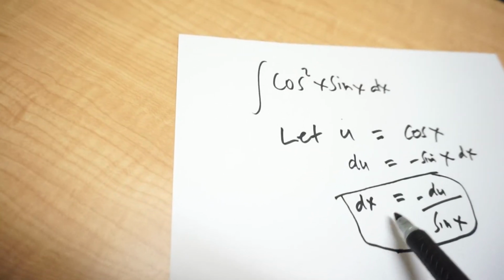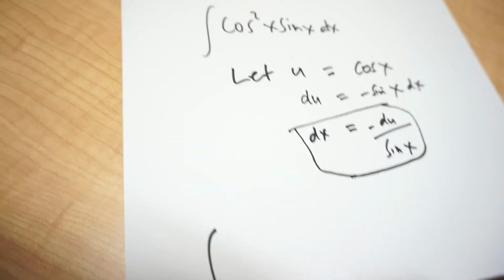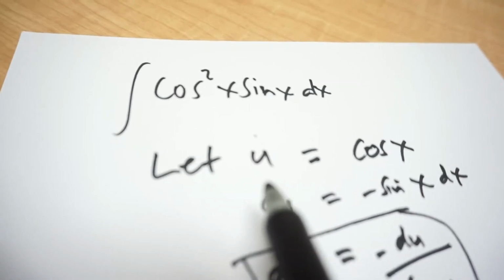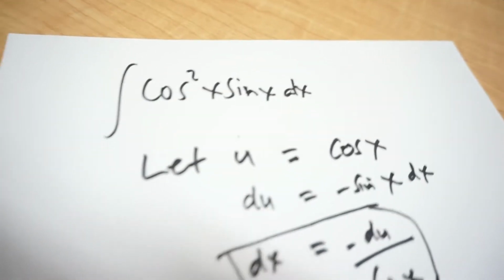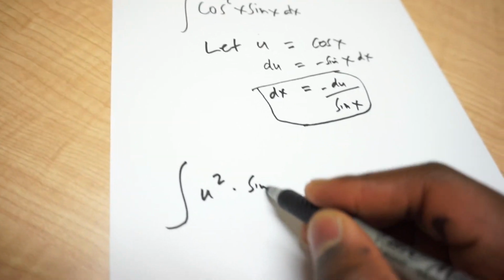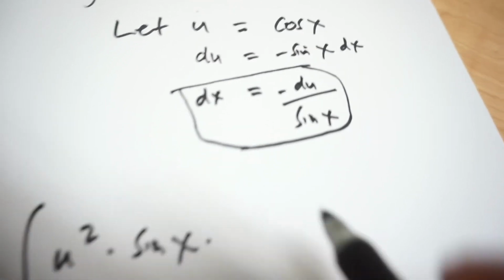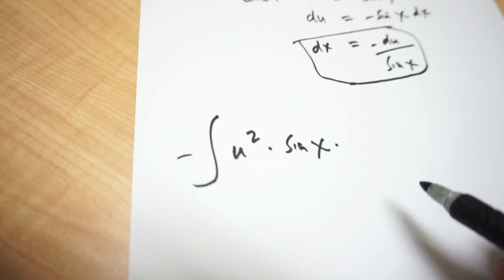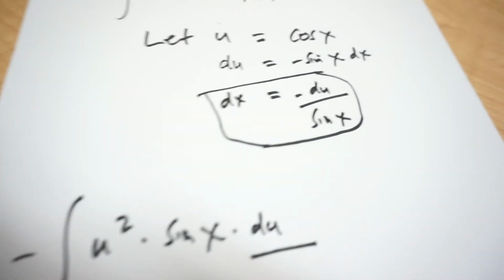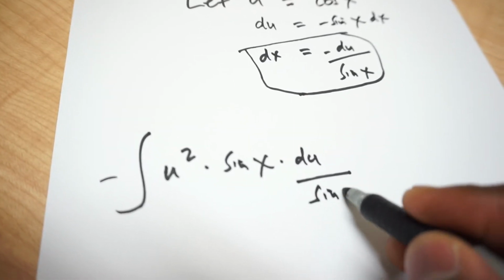Alright, so I have a dx, I can plug it back into the original integral. So this will leave me with, instead of cosine squared, I go ahead and put the u squared right here that I just let. So I'm just going to have u squared times sine of x times my dx, which is just right here. I'm going to pull out that negative outside, and then I should be able to end up having du right here over sine of x.